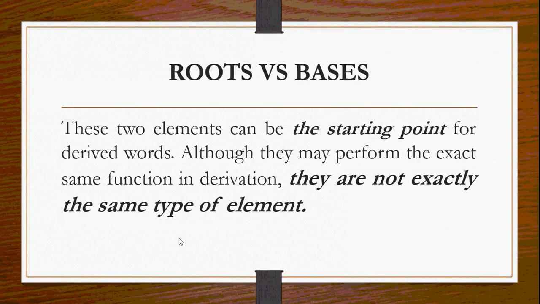And the difference is basically what I already told you previously: normally a root doesn't have anything else attached to it when you begin, because normally roots are simple words. They consist normally of one morpheme and no more than one morpheme. But a base can have more than one morpheme already there. So that's one of the differences there.